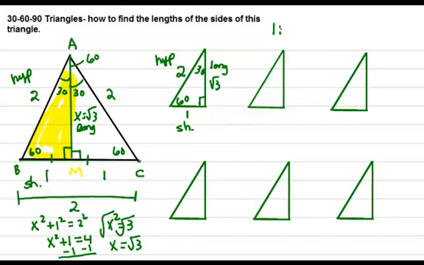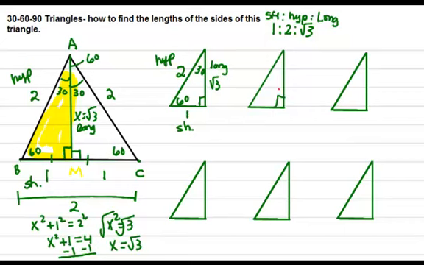to 2 to square root of 3, meaning this is the ratio between the short side, the hypotenuse, and the long leg. So the short leg, the hypotenuse, and the long leg, it's a 1 to 2 to square root of 3 ratio. So what we have here is this.